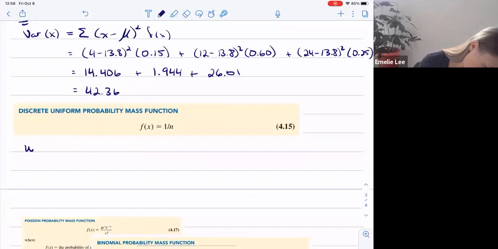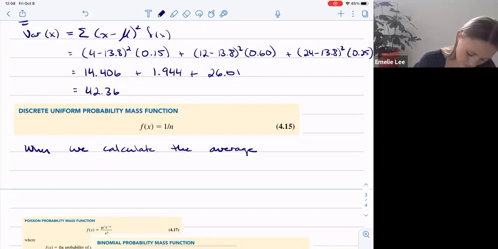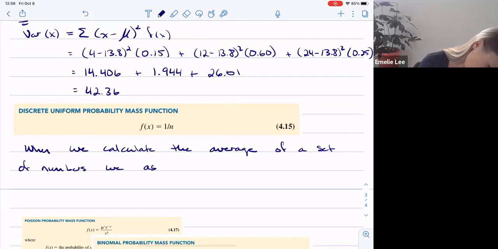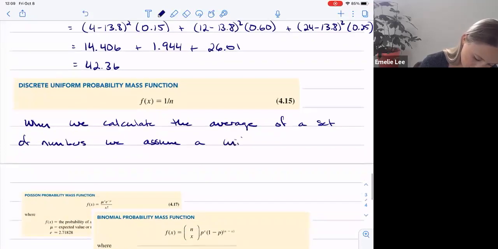So when we calculate the average of a set of numbers, we assume a uniform distribution.